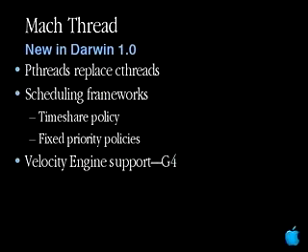What's new for threads in Mac OS X Server and Darwin 1.0 versus previous Darwins? Well, P threads replaces C threads. C threads was something that was explicitly for Mach from way back when. P threads are a more standard version of a lot of the same services, so we've switched to P threads. We also have scheduling frameworks in the Darwin 1.0 and Mach 3.0 code.